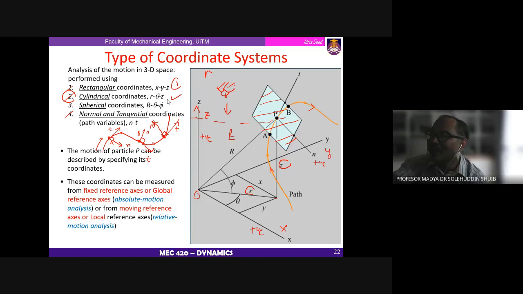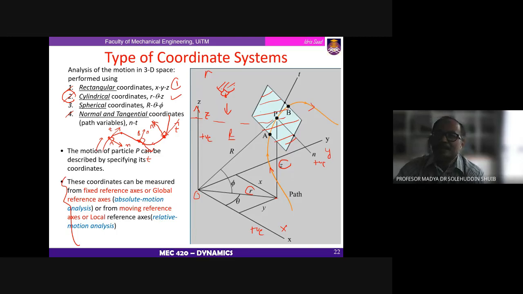Okay. Now allow me to highlight also this important reference axis. Because we're going to go through this again and again. We have here what we call absolute motion analysis and relative motion analysis.